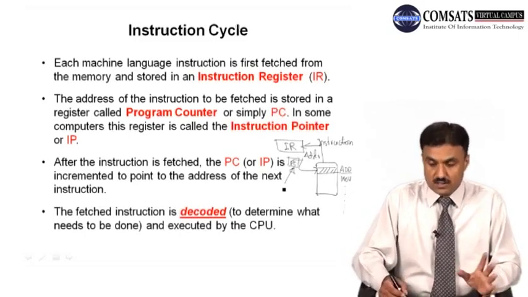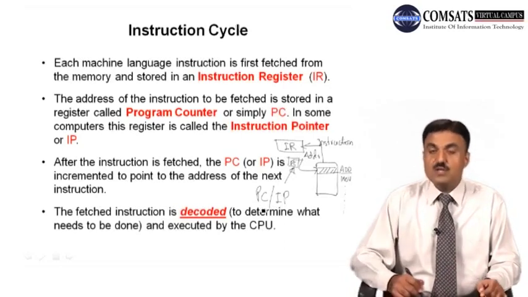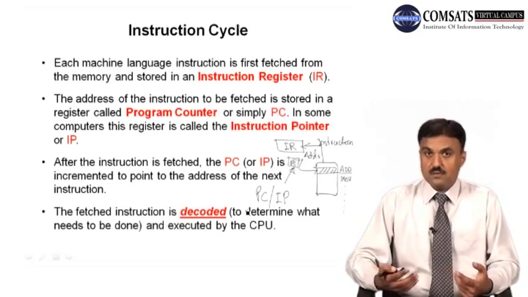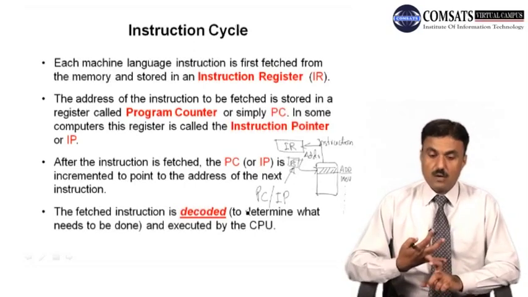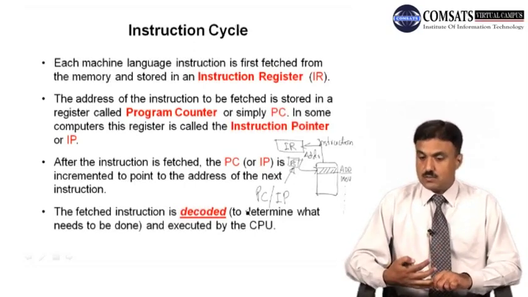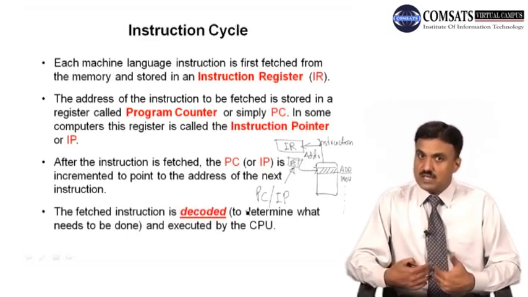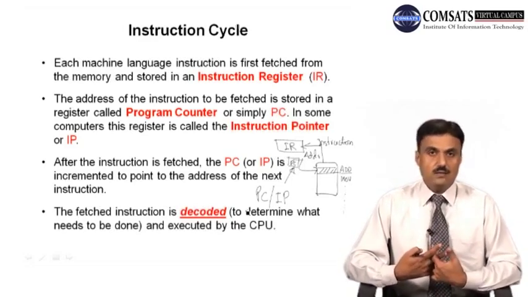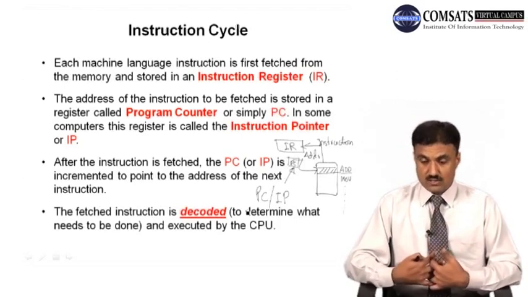It depends. In some architectures it is called the program counter, and in some architectures it is called the instruction pointer. Don't be confused; these are two names for the same register. Before fetching an instruction, the program counter must contain the address from which we fetch it.